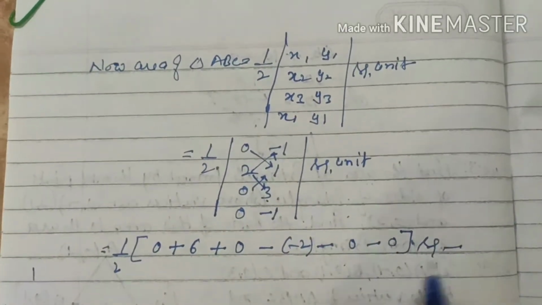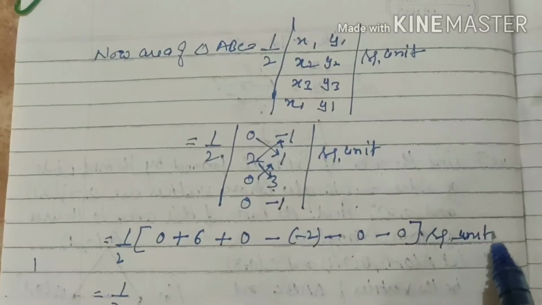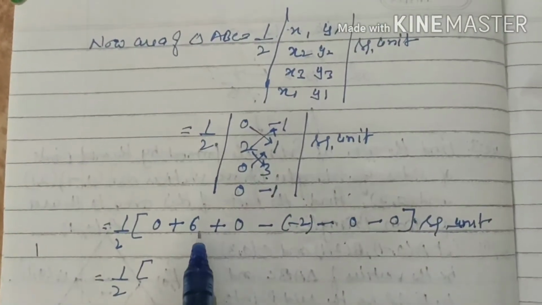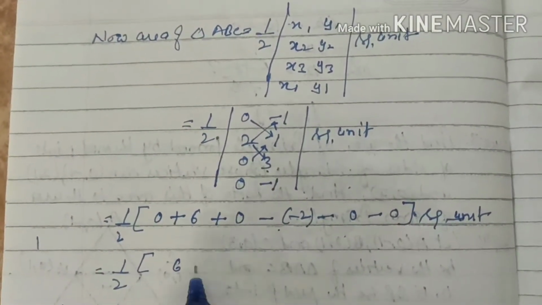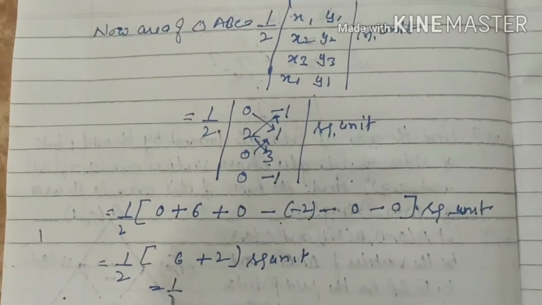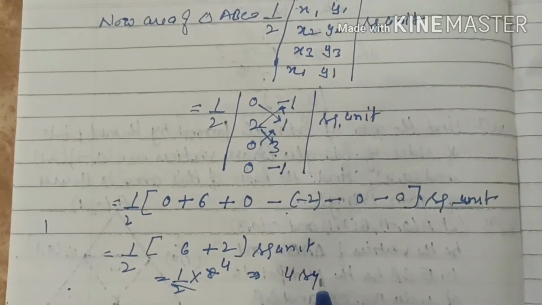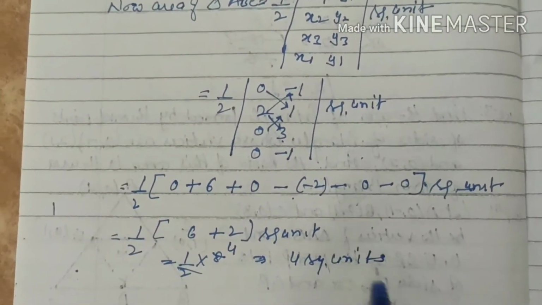So square unit, 1 by 2 square unit. So 6 plus 2, so this will be 1 by 2 into 8, 2 fours are 8, so we can say 4 square unit is the area of the required triangle ABC.